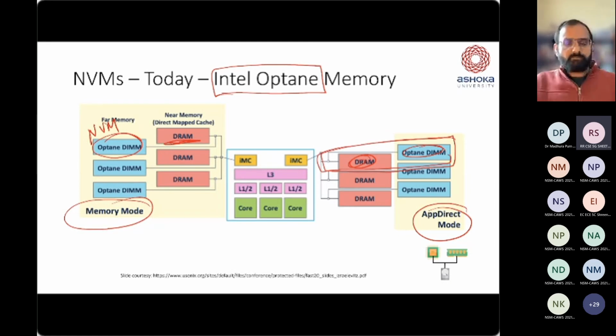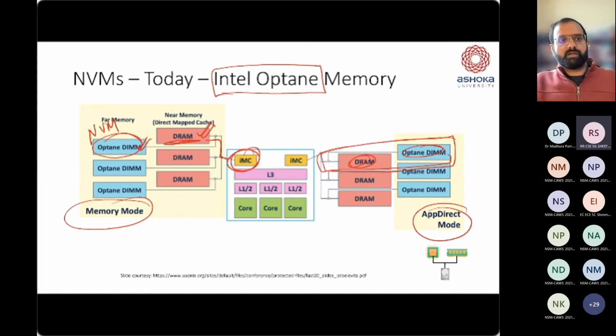And of course, there are changes that are required at multiple levels to bring this to fruition, right? So the biggest change that needs to be done is to make sure that this IMC, or the integrated memory controller, as it is called, is actually cognizant of the fact that there are two types of memory technologies sitting on this channel over here, both DRAM as well as NVM, and it is able to talk to both of them accordingly.